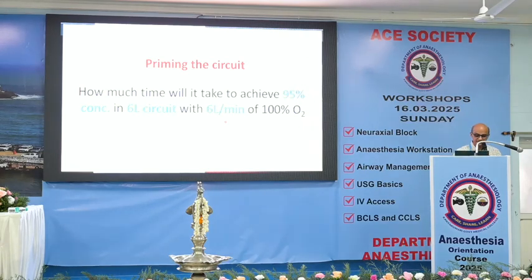So in 3 minutes, with a fresh gas flow of 6 liters per minute and a circuit volume of 6 liters, to achieve 95%, that is 3 time constants, I will take 3 minutes. Right? Is that clear?